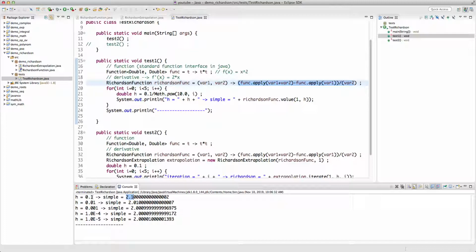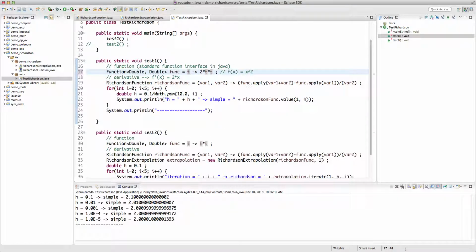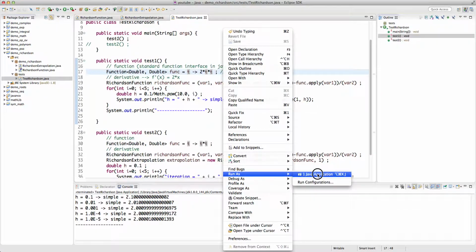And then if h goes down by 1 order of magnitude, h becomes 0.01. The error also goes down by 1 order of magnitude, 0.01, okay? So we get 2.01. So the error was 0.1, here the error is 0.01, okay? Now maybe let's multiply by another factor 2 so that I show you that it's actually the error.